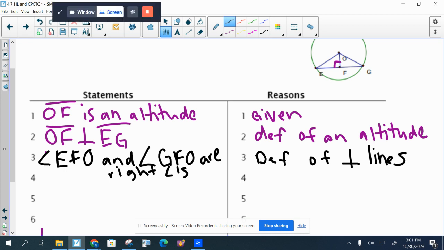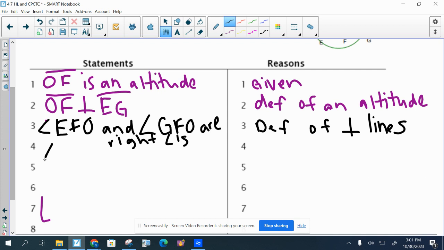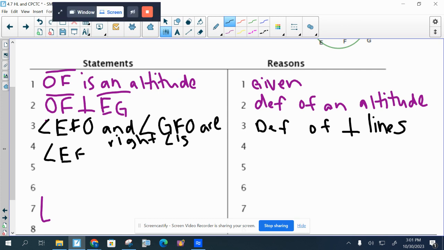And here's an optional step. You could say triangle EFO and triangle GFO are right triangles.